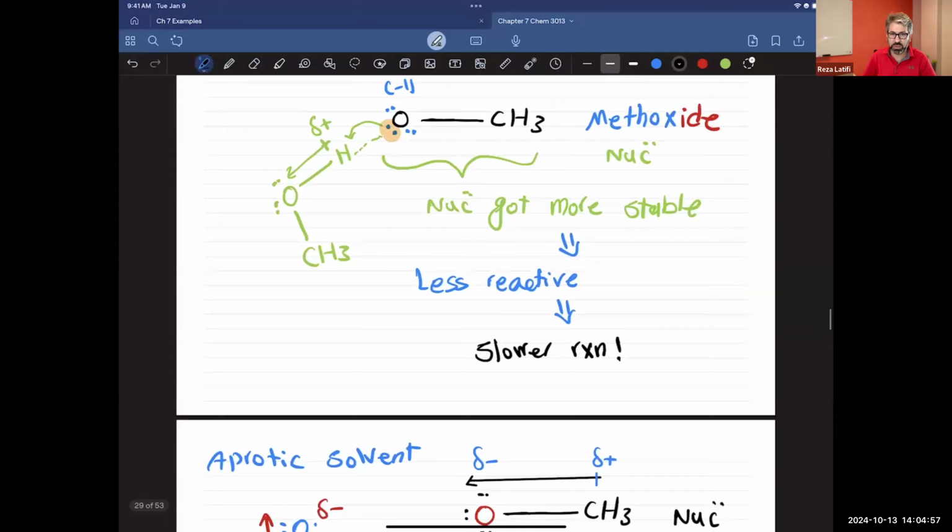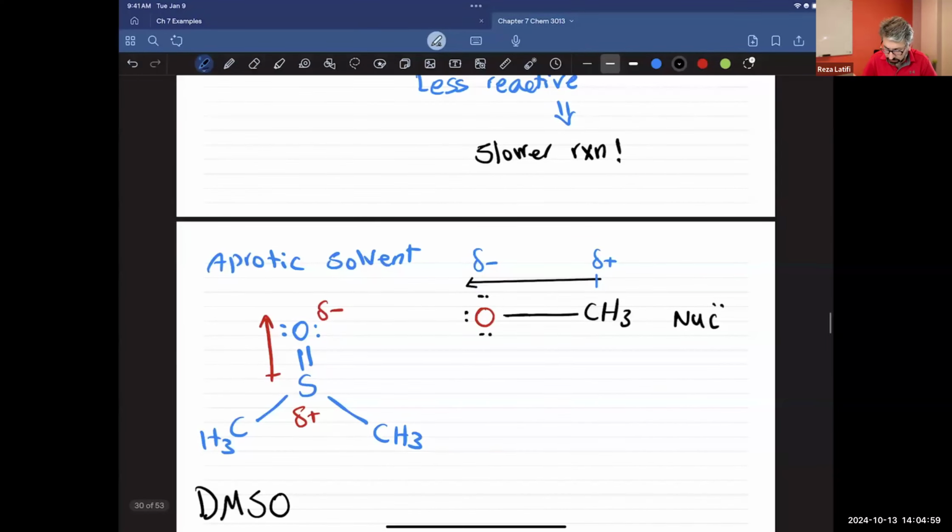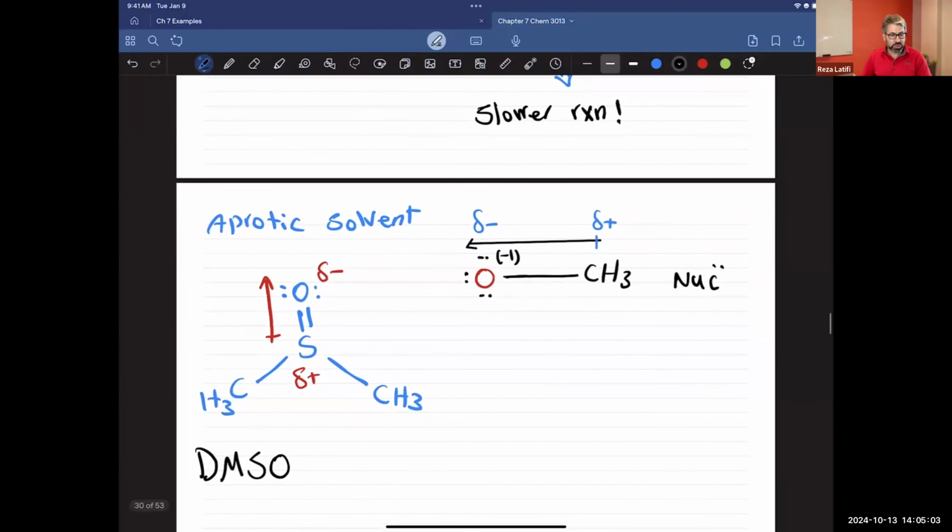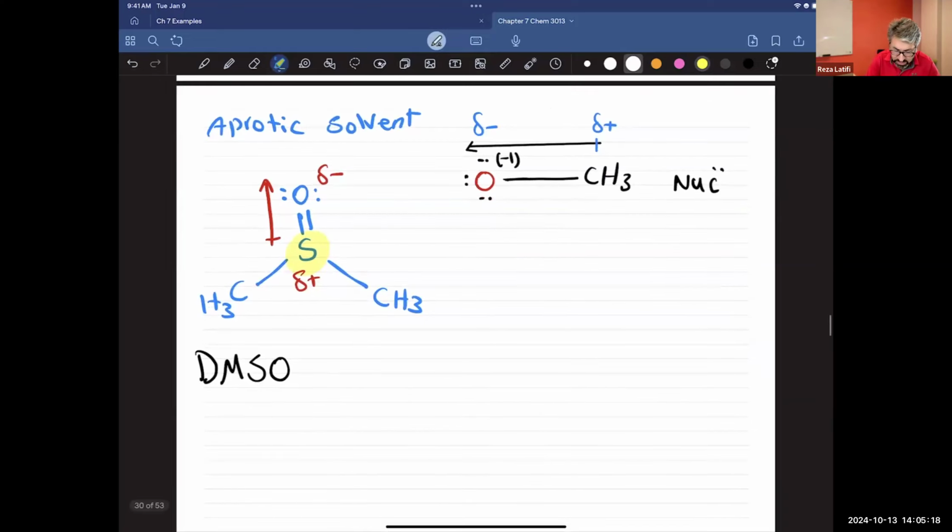Again, we have the negative charge on oxygen, and you have to ask yourself, where is the negative charge on the solvent? The negative charge is located on oxygen, and sulfur is bonded to two methyl groups and also oxygen. Remember that the structure is going to be like this: you have two carbons, and those two carbons have three hydrogens each.